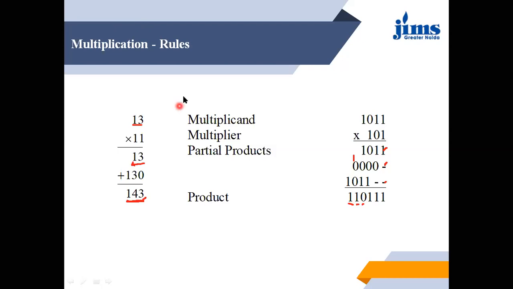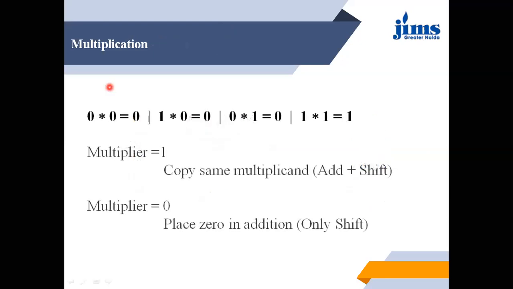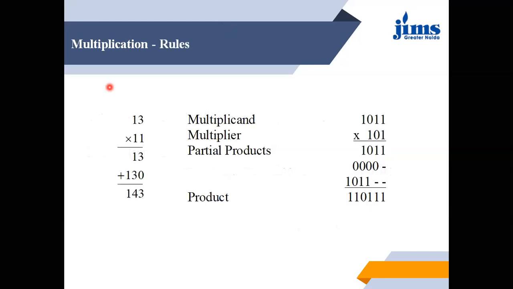So this was the concept I wanted to tell you, how it is similar to decimal numbers. Here we saw the rules for how we can do that, and we saw one example in decimal as well as in binary.